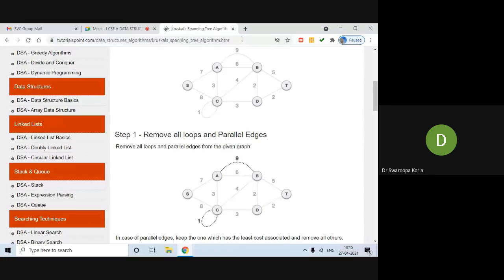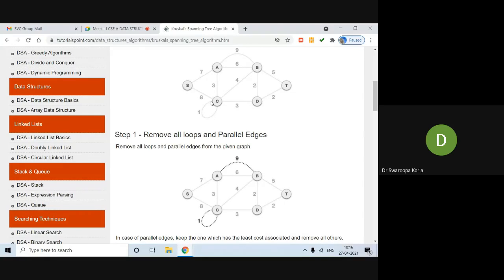So if you observe in the given graph, C to C, it is a loop. Started from C, reaches to C. And parallel edge, if you observe in the graph, one loop, one parallel edge is presented. A to B, two connecting lines.